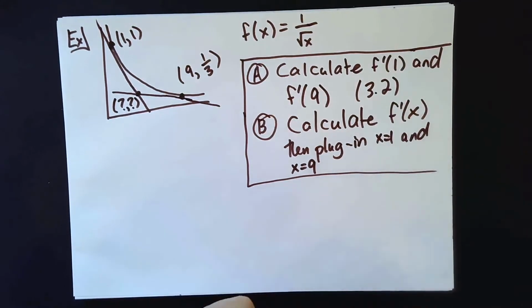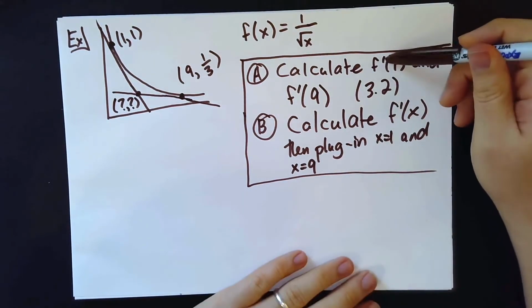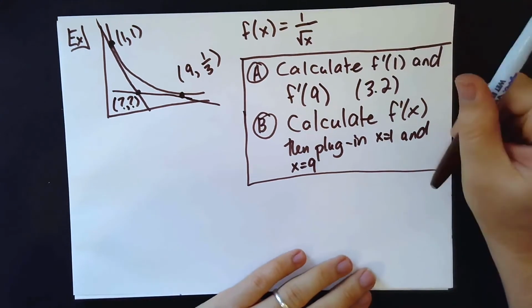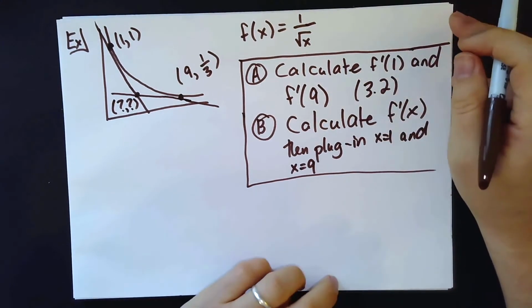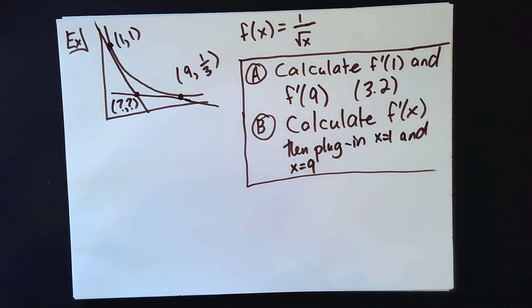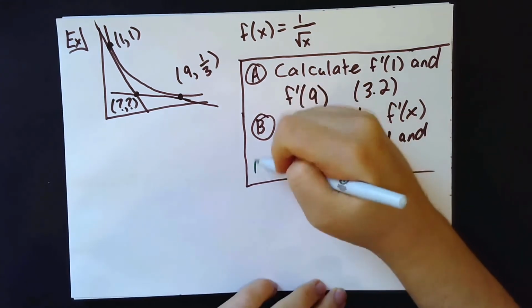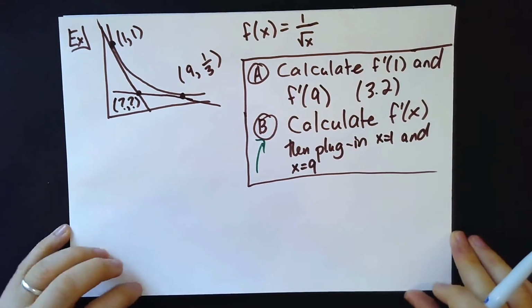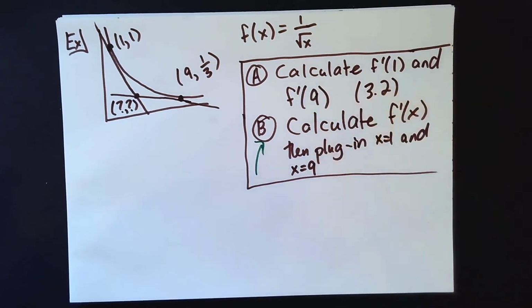So if I use method A, then in order to solve this question, I'm going to have to do 2 of these, find the average rate of change between the 2 points, and then take a limit. Here I only have to do 1. Okay. So the option I recommend when you're doing these questions is to choose option B, to calculate f prime of x and then plug the stuff in. Okay. But either will work. A is just more work.